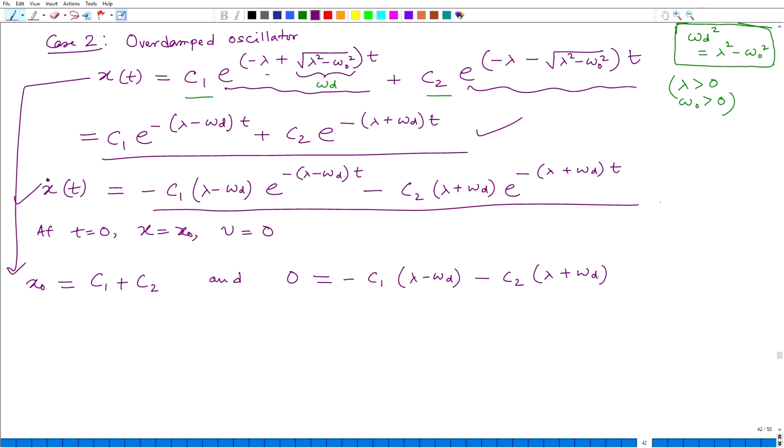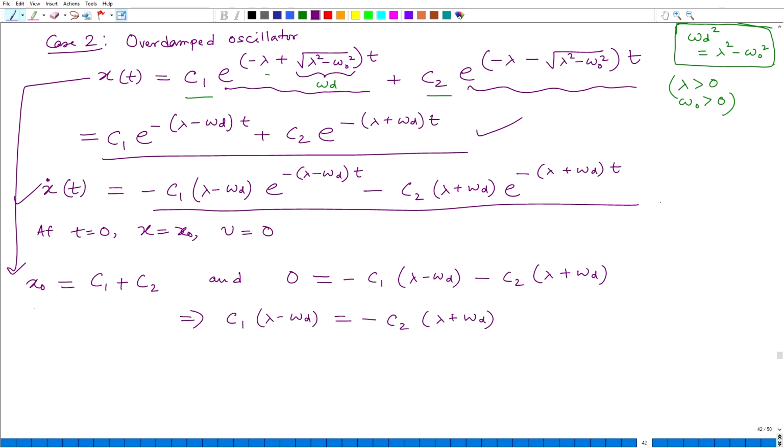So if you have this, then you can write C1 (lambda minus omega d) is equal to minus C2 (lambda plus omega d).